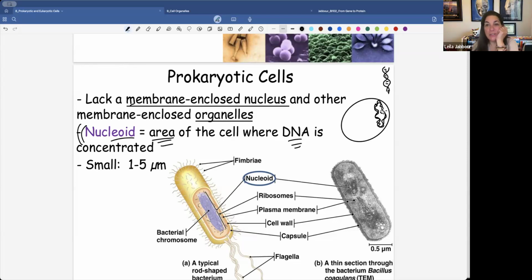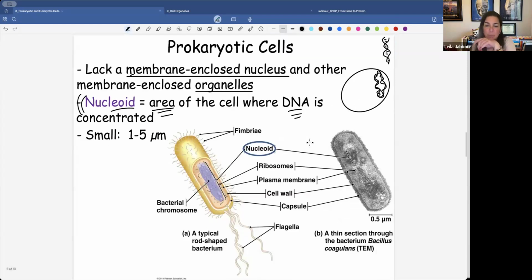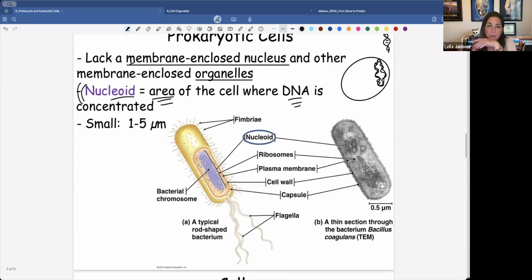So the DNA molecule is basically free floating in a very specific part of the cell, and that region is called a nucleoid. It's just the area where the DNA is concentrated. So in this particular diagram, all of this is the DNA.